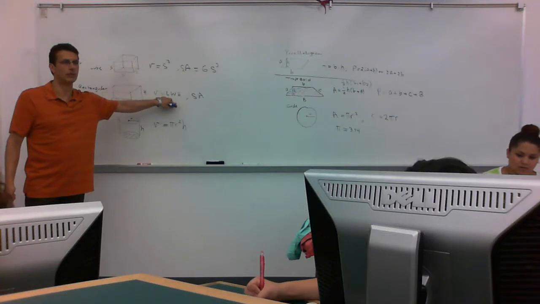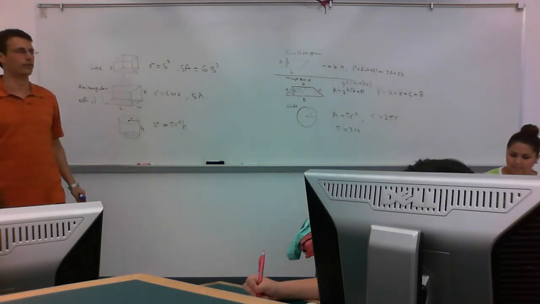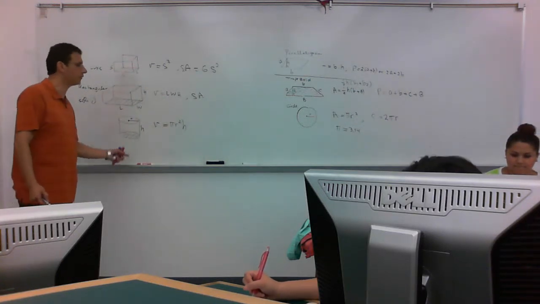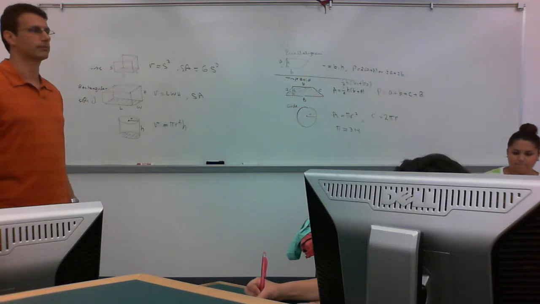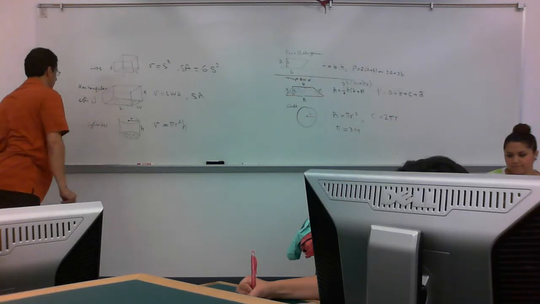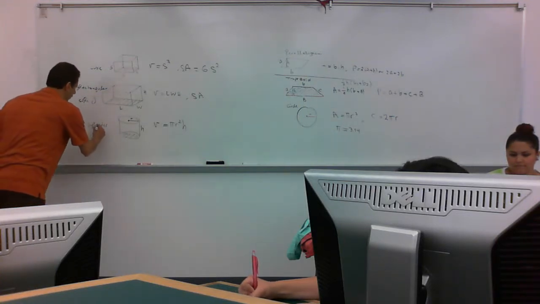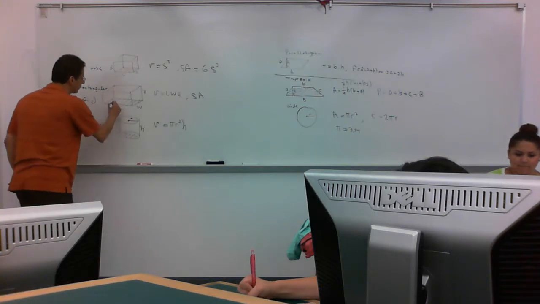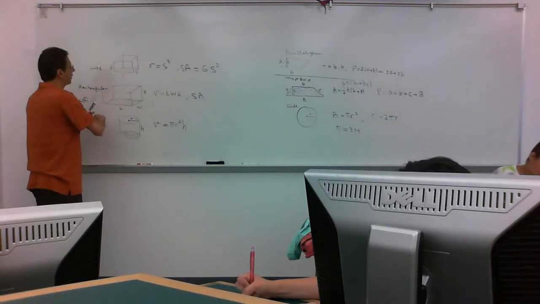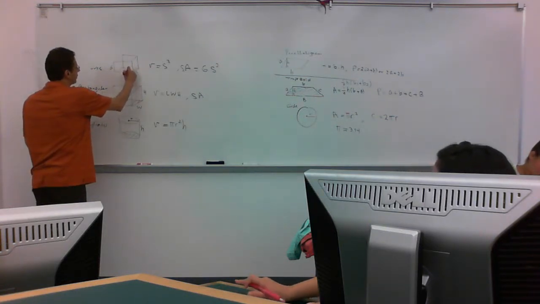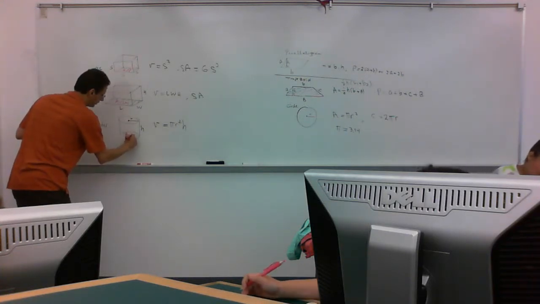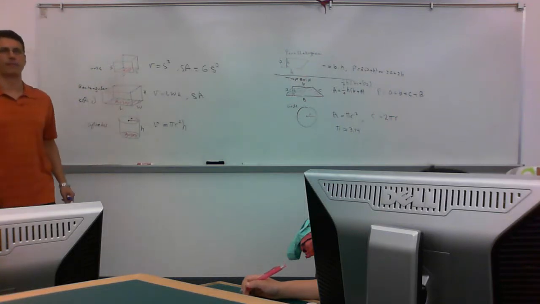Length times width times height, because length times width is the area of the base. And in this case, pi r squared times h, because the area of the base for a cylindrical shape would be pi r squared. So area of the base, area of the base, area of the base. Do you see that?